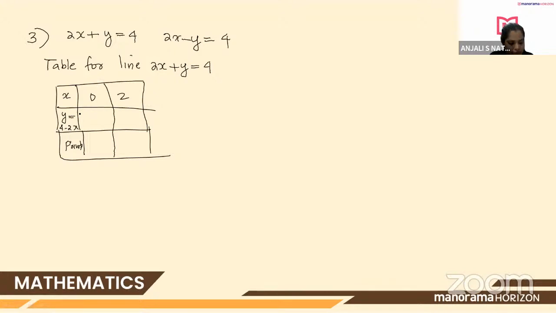The corresponding value of y is 4 minus 2x. So here we get 4 and 0. We can mark them as points A and B. Next is the table for the line 2x minus y is equal to 4.